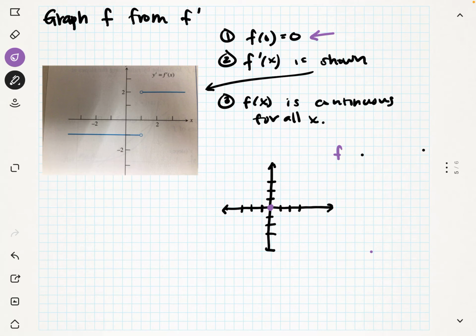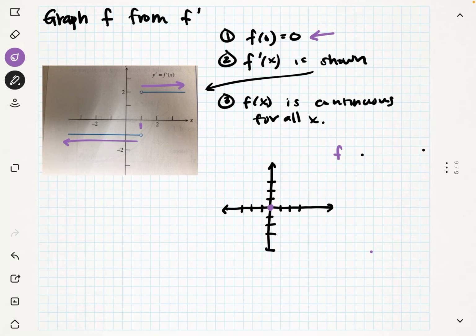All right, so let's look at our graph. What we know is that from 1 forward, the slope is going to be 2. And from 1 backward, the slope is going to be negative 2.